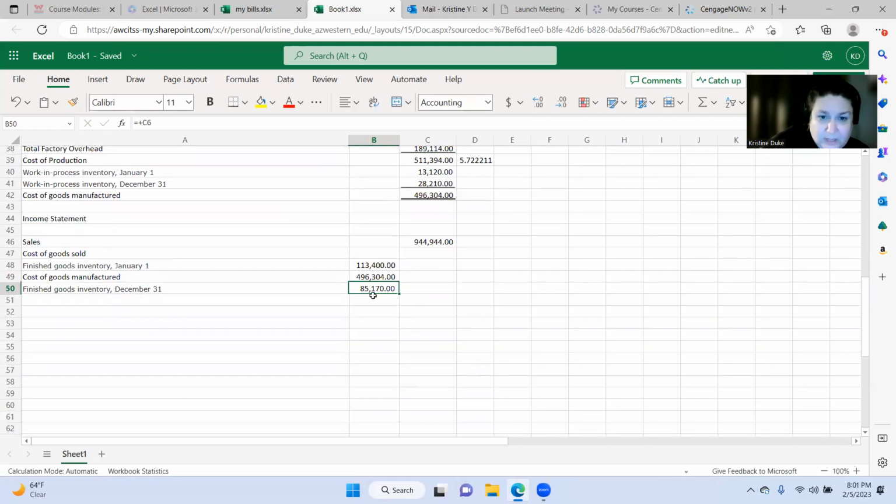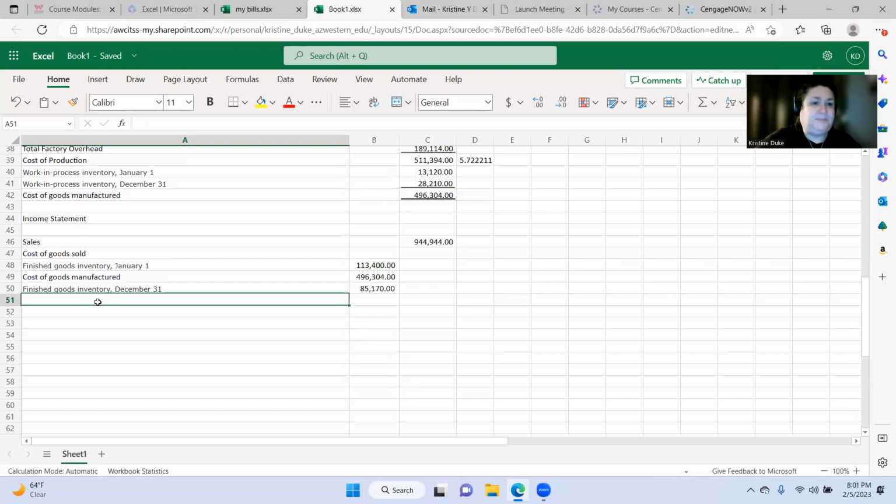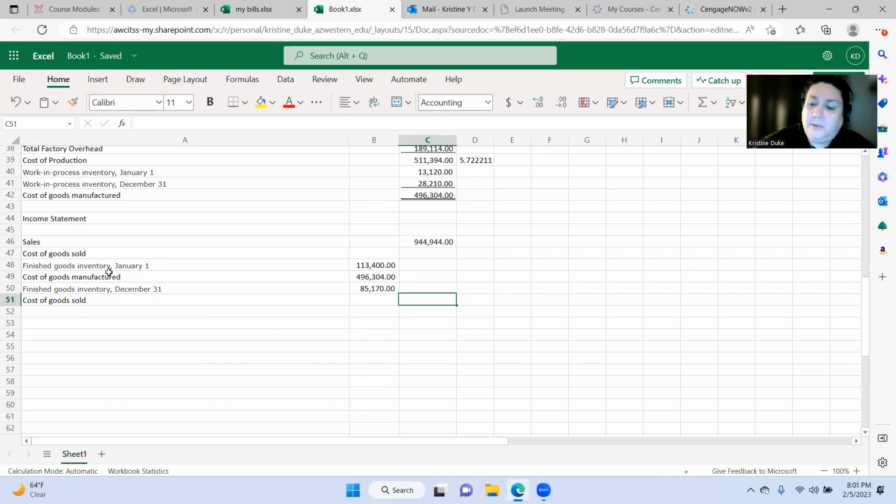And this should tell me my cost of goods sold. Okay, what I'm going to do is I'm going to have my formula plus this, plus that, minus that. Woohoo, look at that.